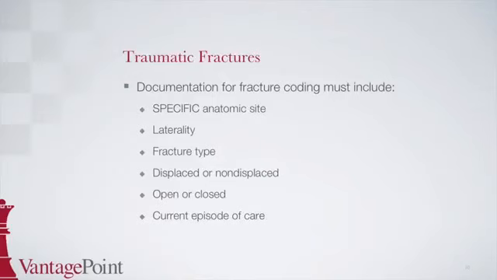The fracture type also needs to be documented, such as segmental, transverse, oblique, etc. You also need to indicate displaced versus non-displaced, open versus closed, and the current episode of care, which is initial, subsequent with routine healing, delayed healing, non-union or malunion, and then sequela.